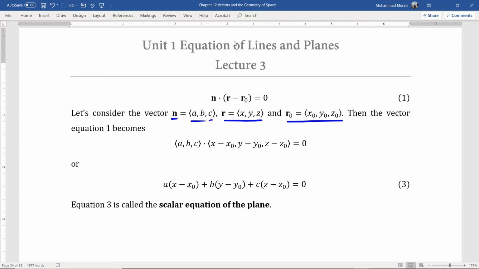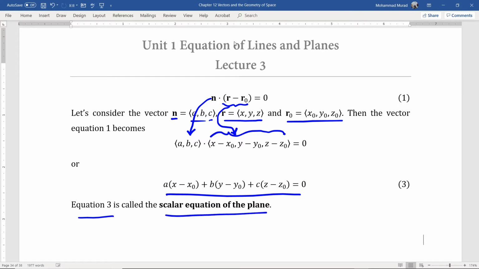Then equation 1 can be written in terms of these components, where n is replaced by the vector, and the vector r minus r sub 0 is represented by this vector. And by using the definition of dot product, we can write the equation in this form, as shown in equation 3. Equation 3 is called the scalar equation of the plane.